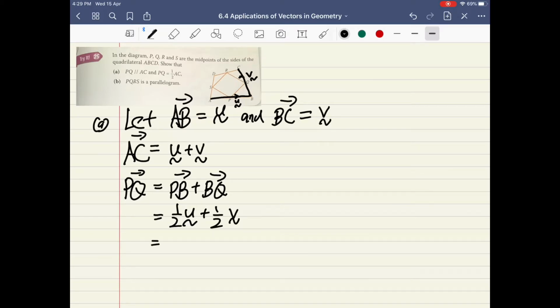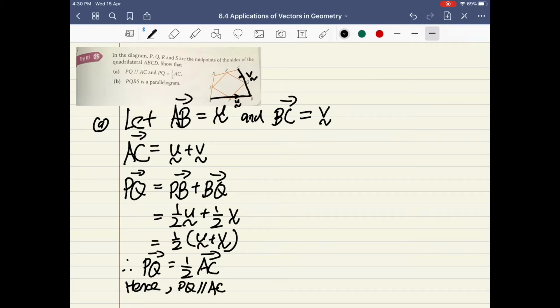So PB will be half of U and BQ will be half of V. So PQ equals half of U plus V. If you factorize out the half, I have shown that PQ is equal to half of the vector AC. Since it's half, PQ is a scalar multiple, half times AC, hence PQ is parallel to AC and PQ is equal to half of AC.